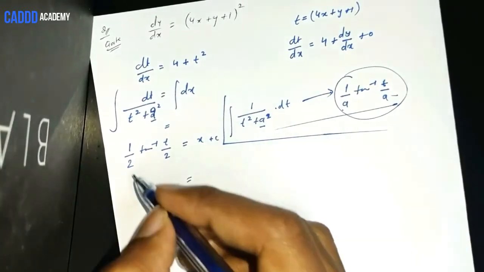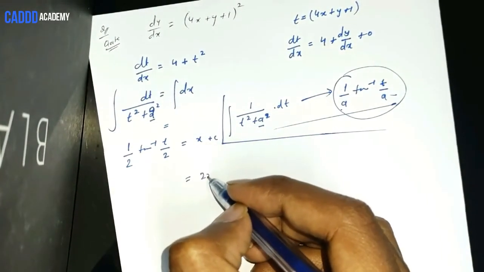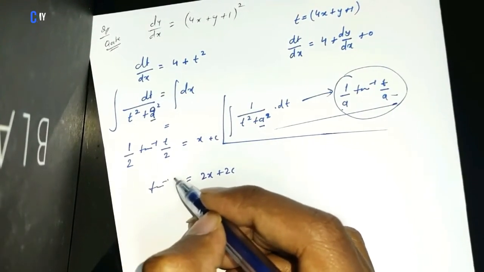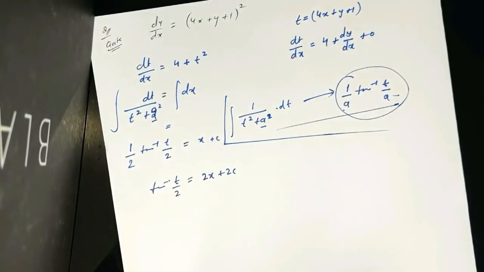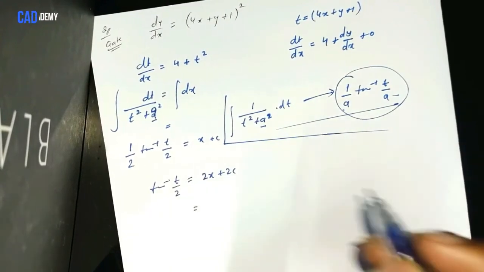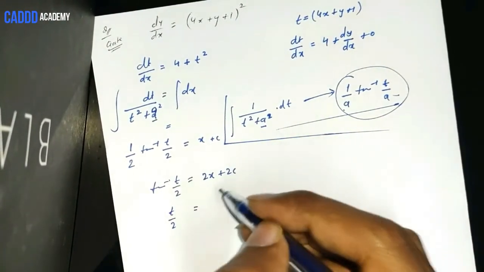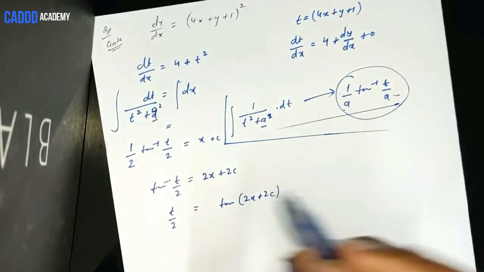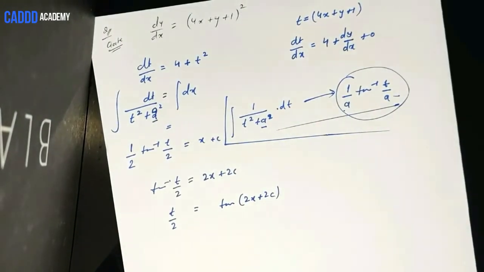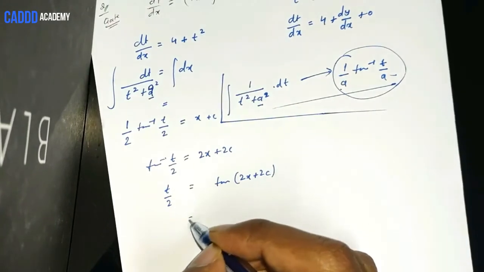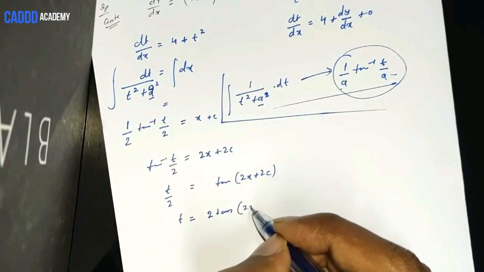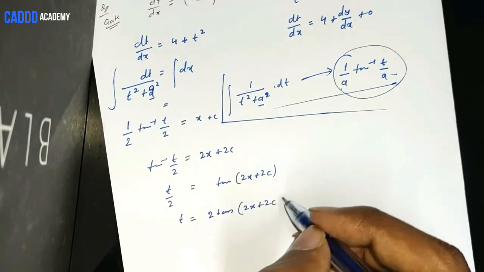So let's take this to that side. 2x plus 2c is tan inverse t by 2. And t by 2 is equal to tan of (2x plus 2c). Taking this 2 to this side, we have t is equal to 2 tan (2x plus 2c).